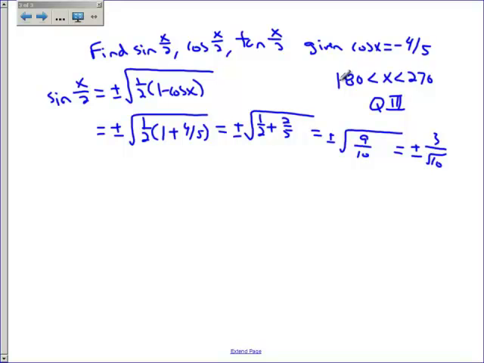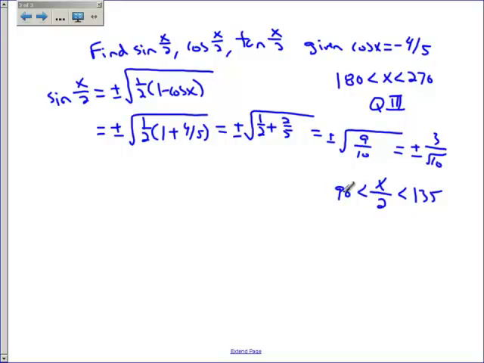So now we have to figure out, are we going to choose the positive or the negative version of this? And I'm going to come back up here to this inequality. If x is between 180 and 270, we need information about where x over 2 is. X over 2 is going to be between 90, because half of 180 is 90, and half of 270 is 135. This gives you an interval for where x over 2 is.